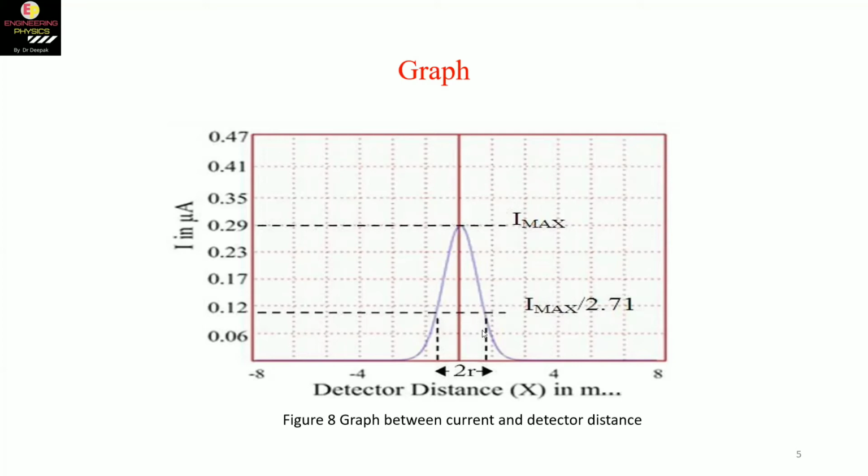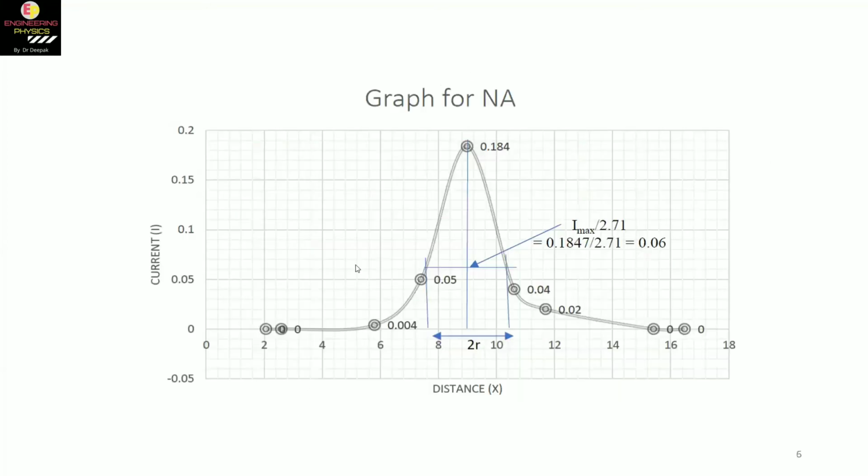After that, we can draw the perpendicular on the x-axis. We get from the left to the right point 2r, and from the center to either side, left or right, we can get the radius. So on the x-axis is the detected distance x in millimeter, and on the y-axis is the current in microampere. So from the observation table, our graph looks like this.